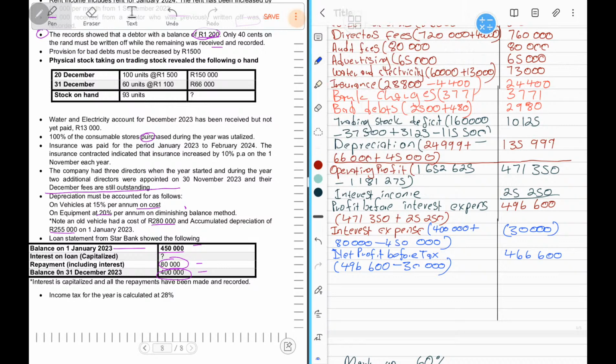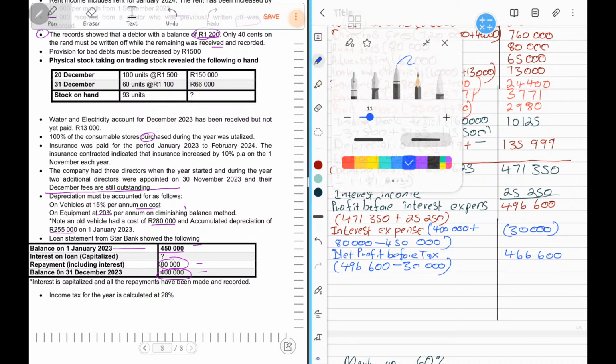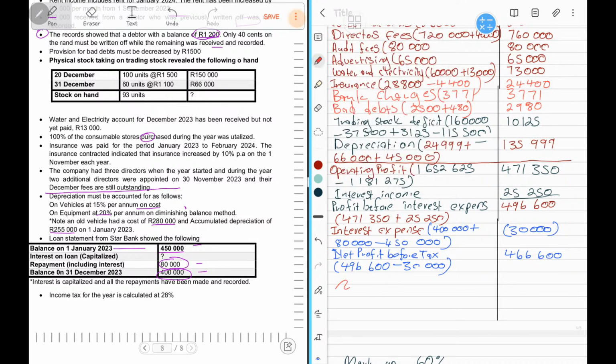Then we want to subtract the income tax. Now remember, we calculate the income tax based on the net profit before tax, so we're going to say income tax. So it will be 466,600, then we're going to calculate it by 28%.